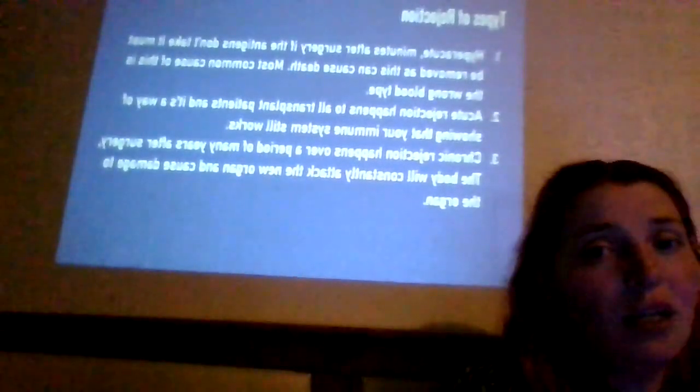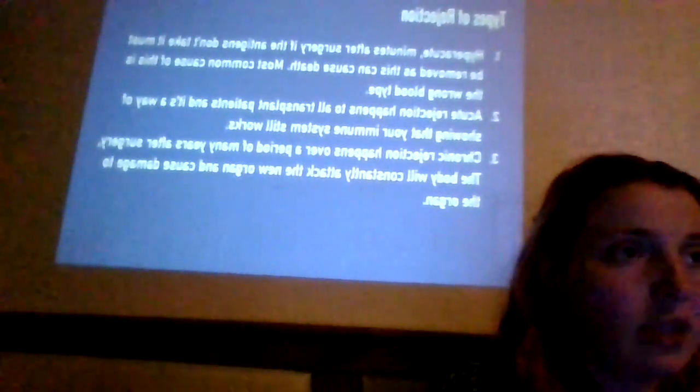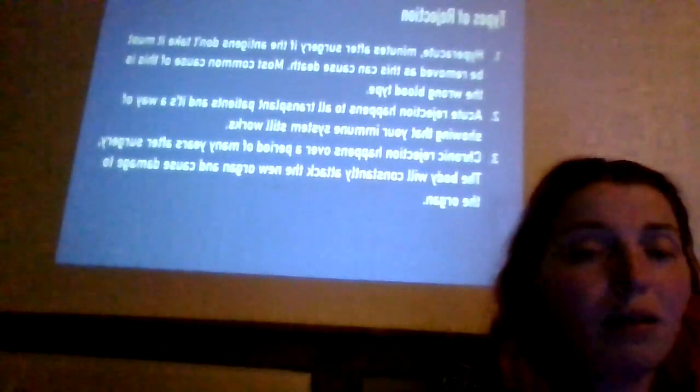Types of rejection. So you've got hyperacute, which is minutes after a surgery has happened. It will either attack or take, and if it attacks, normally due to the wrong blood type, it has to be removed, as it can be life-threatening.